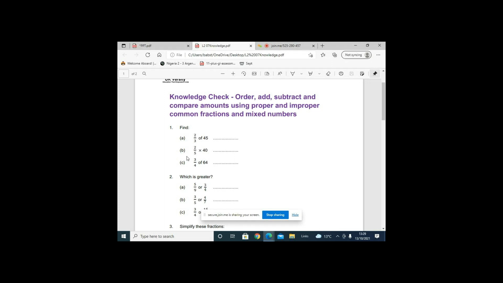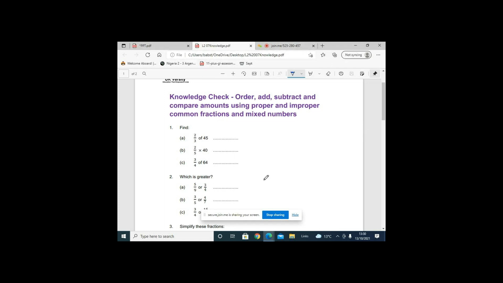Number 1 is 30. A is 8/30. B is 16. C is 48.